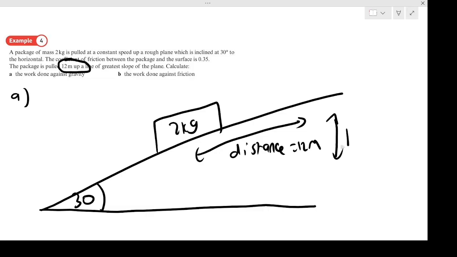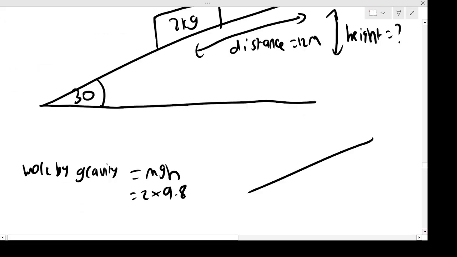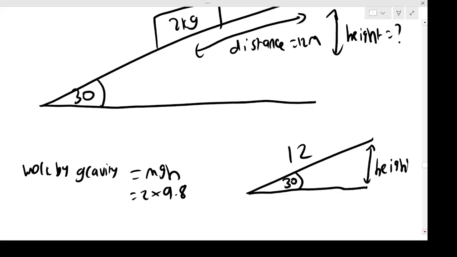The height is here. To work out the height, I'm going to do this little triangle here. We go 12 meters up, the angle's 30. We've got a right angled triangle, so we use SOHCAHTOA.